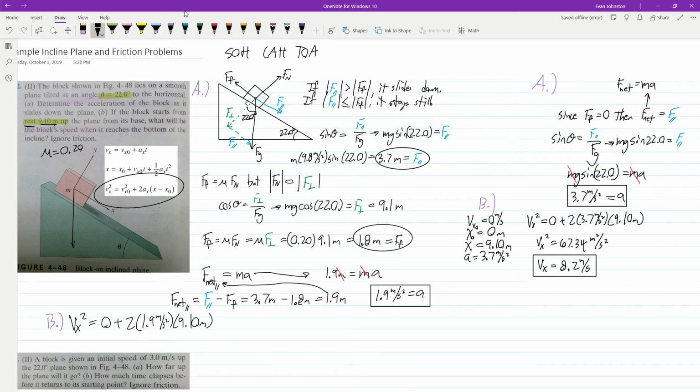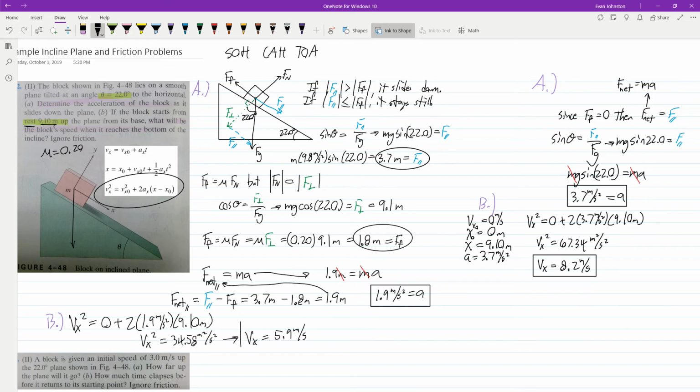Multiplying these all together, I end up getting 2 times 1.9 times 9.1, which is 34.58 meters squared over seconds squared. The square root of that gives me 5.88, or 5.9 meters per second.